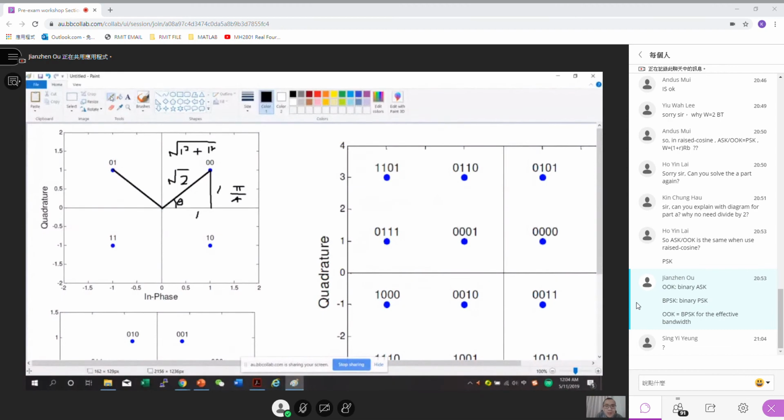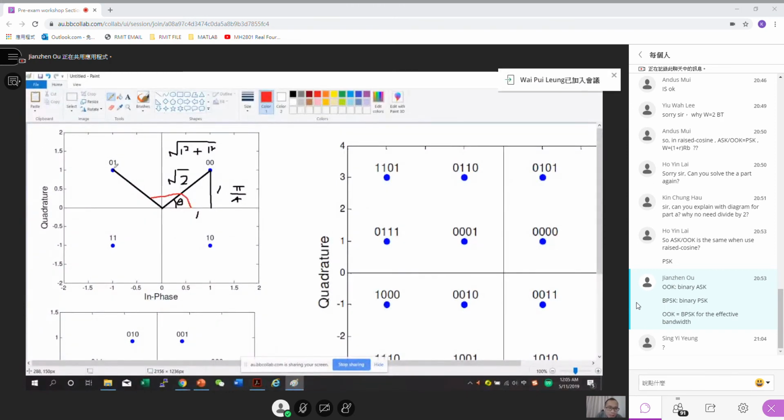Let me use a different color. So what is the angle here? Yeah, in between. So what you're going to do is, because this is the right angle, right? So the theta plus the right angle, which is not pi over 4, it's pi over 2. And that's it. That becomes the angle.